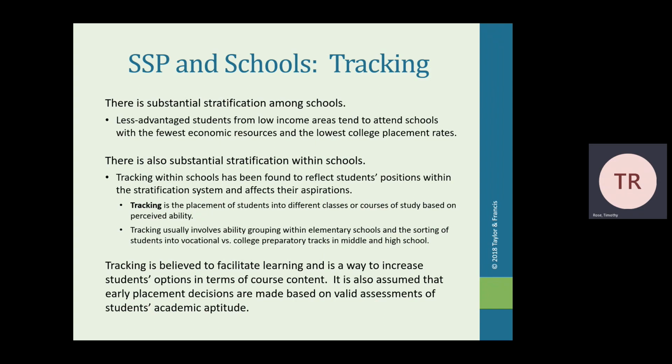Some schools are richer, some schools are poorer, but within schools, we also find substantial stratification. Within schools, tracking has been found to reflect a student's position within a larger society-spanning system of stratification, and this in turn impacts their aspirations. Tracking is a proximity principle, it's impacted by a components principle, and it has an impact on a psychology principle.